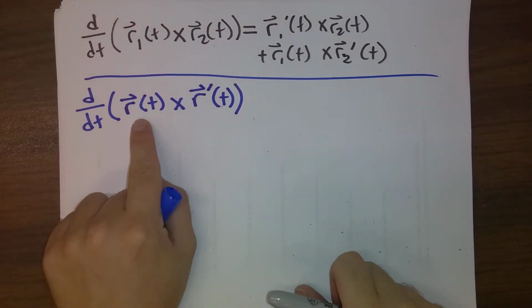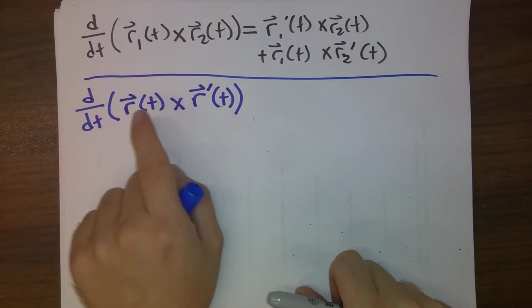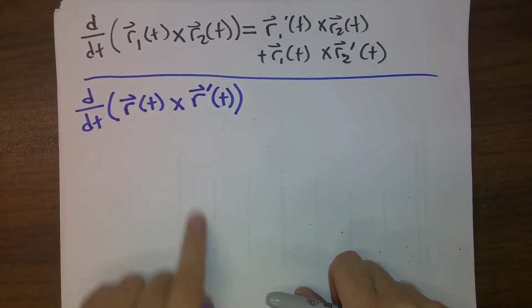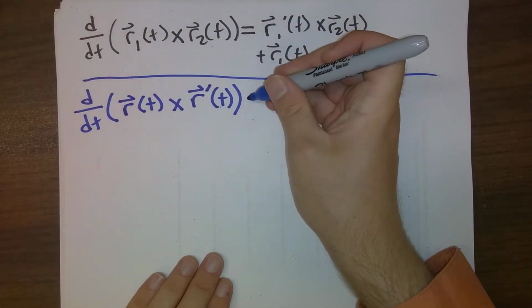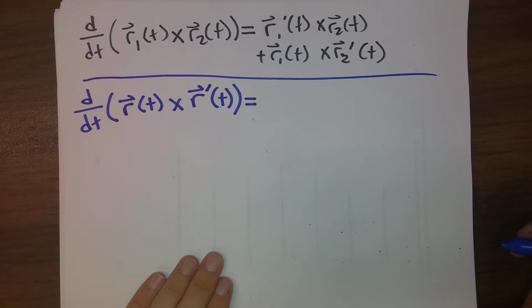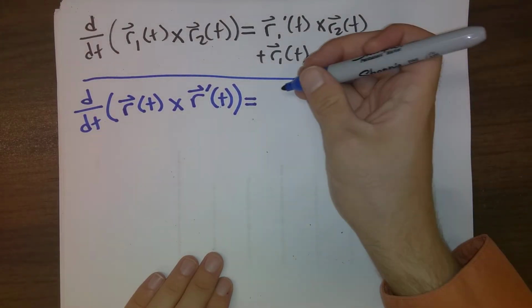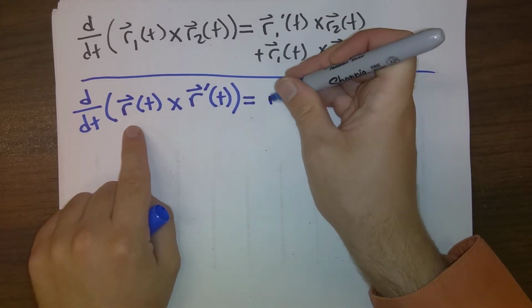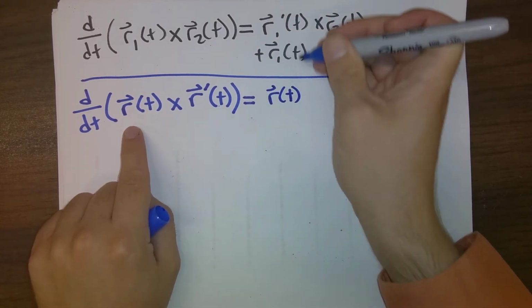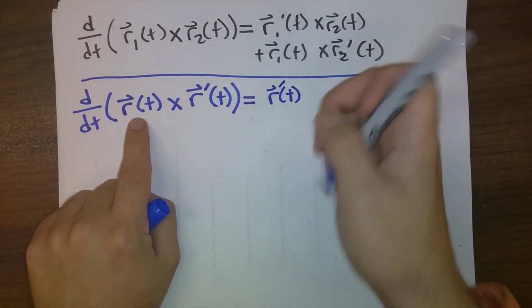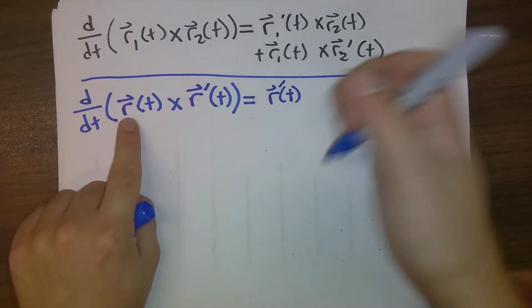So here we have r of t and r prime of t, so this r prime of t is just the derivative of r of t. So let's see if anything surprising happens. So we're going to use the product rule that we have up here. So it's going to be r prime of t, so we take the derivative of the first function.